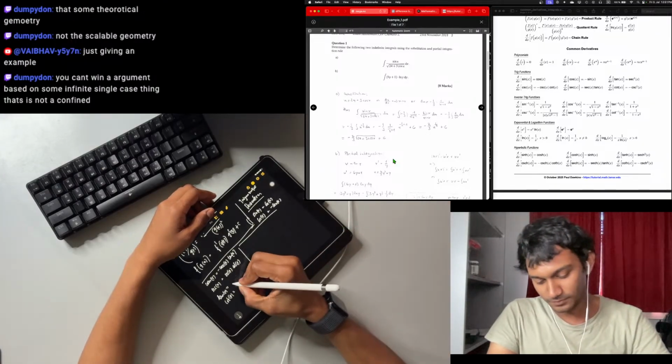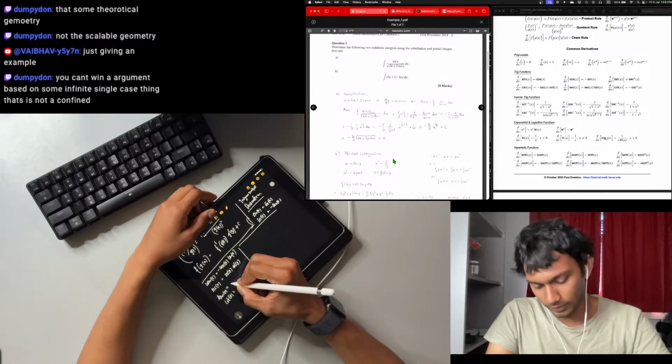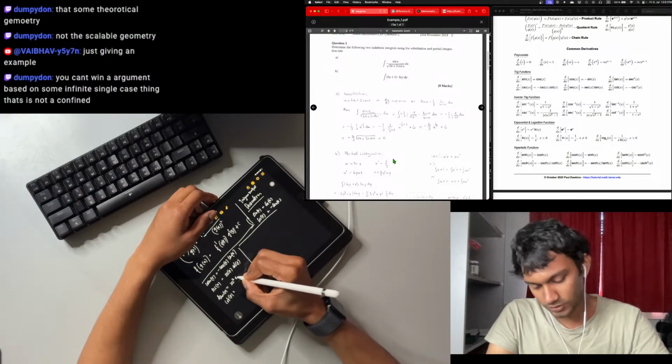Tan x is, what is tan x? Sec square x. Cosine square x. Sec square x.